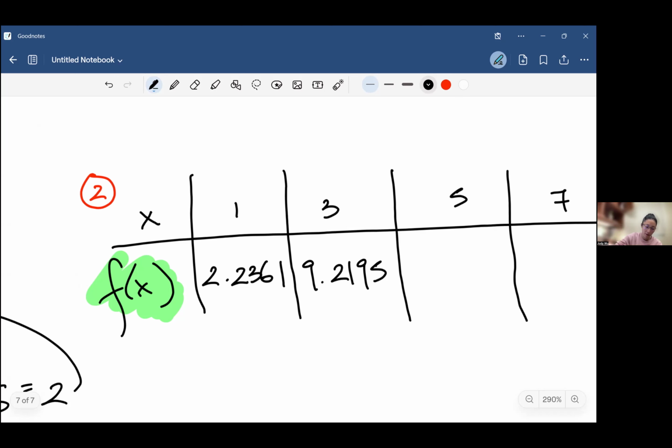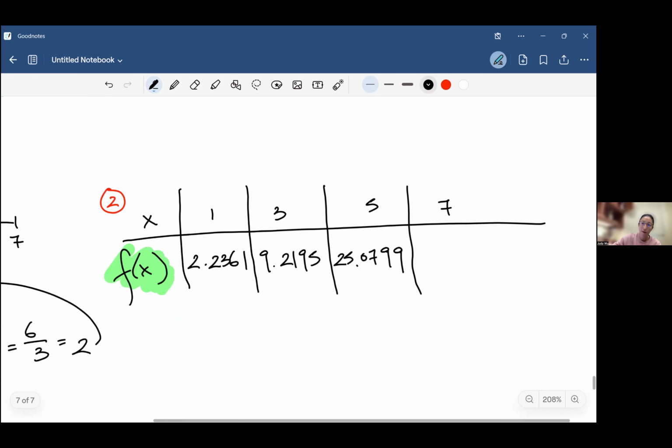And do the same thing with 5. Square root of 4 plus 5 to the 4th. And that gets me 25.0799. And I'm going to do the same thing with 7. Square root of 4 plus 7 to the 4th gives me 49.0408. Okay.